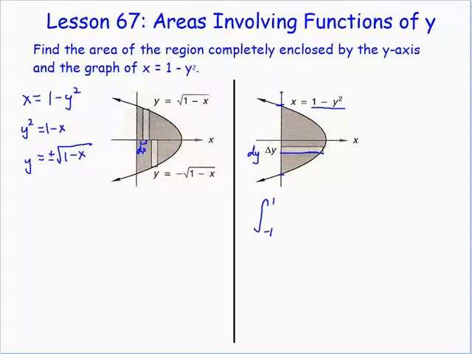And then the height of our rectangles is the x value, so 1 minus y squared, because x equals 1 minus y squared. And then our width is dy. And so we're just going to be integrating this. So we have y minus 1/3 y cubed, evaluated from negative 1 to 1.